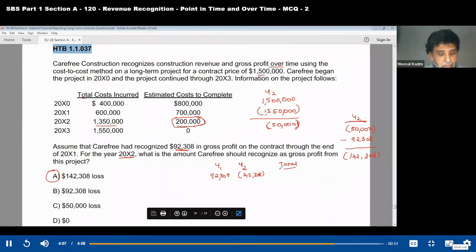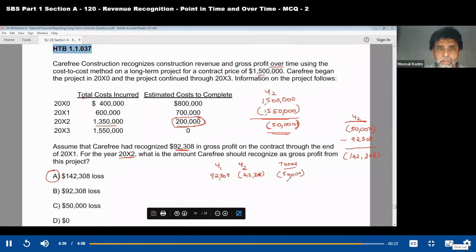So 92,308 minus 142,308 would give us minus 50,000. So that is the situation as of year end, year 2, right? So that is how we do project calculation which has a loss.